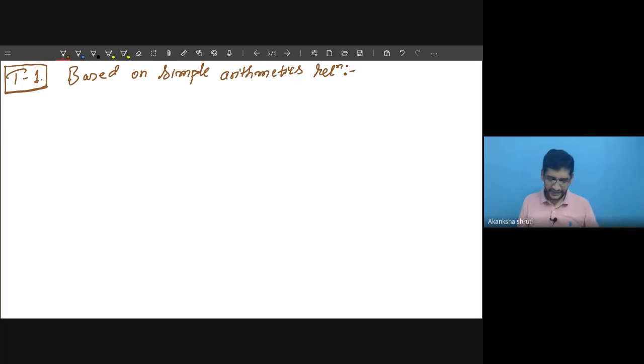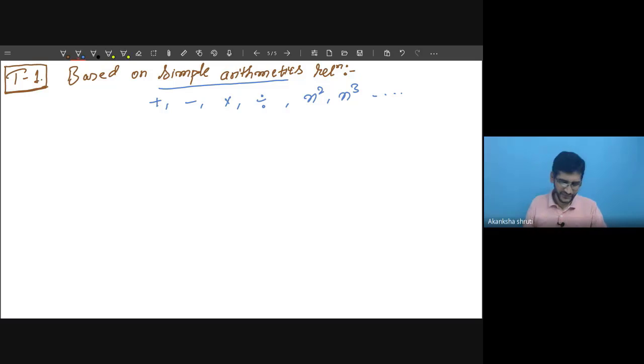I will directly take the question. Simple arithmetic which is very easily visible to us. These are addition, subtraction, multiplication, division, certain square power, cube power, these things. Okay, these are easily visible to us, which are quite obvious to us. Based on this, let us take the question.